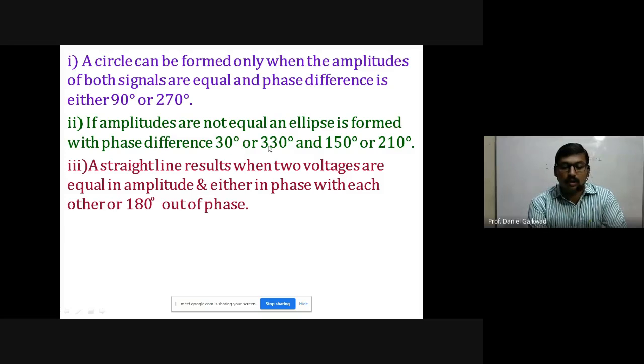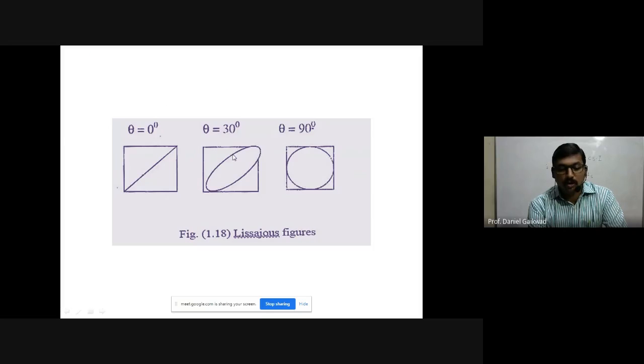Accordingly, we have 30, 330, 150, 210. So we have only taken one example here. If an ellipse is obtained like this, so this is the cross line, and in that particular plane, if the shape of the ellipse is like this in that direction only, then we have 30 degrees here.